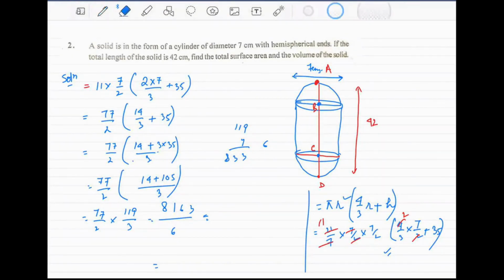It's supposed to be 9. Sorry, I haven't put in 1 carry. So the final answer is 1527.16. We're finding out the volume, so you put centimeter cube. Okay, after copying, you come to this.